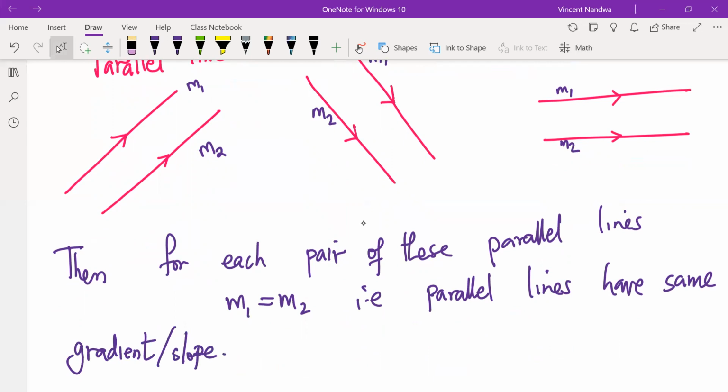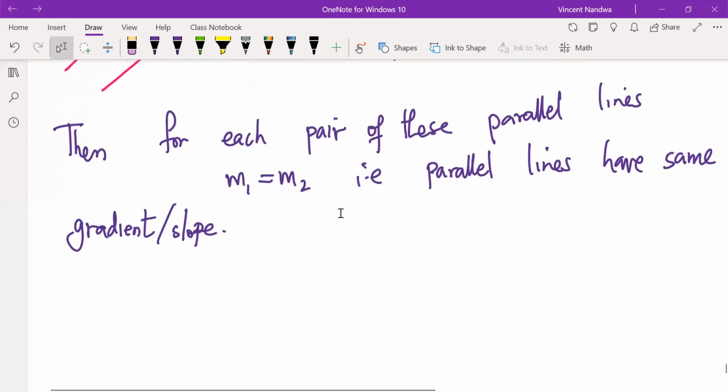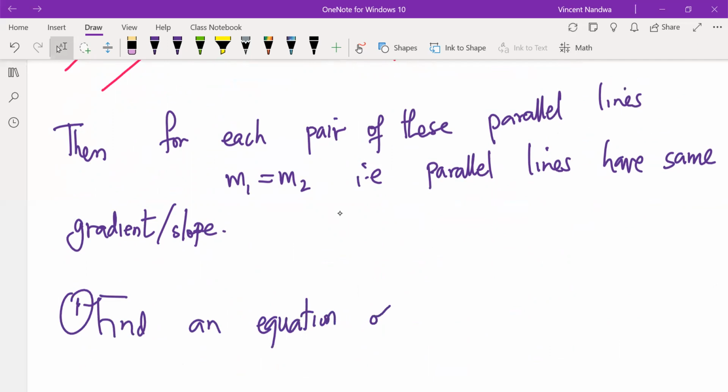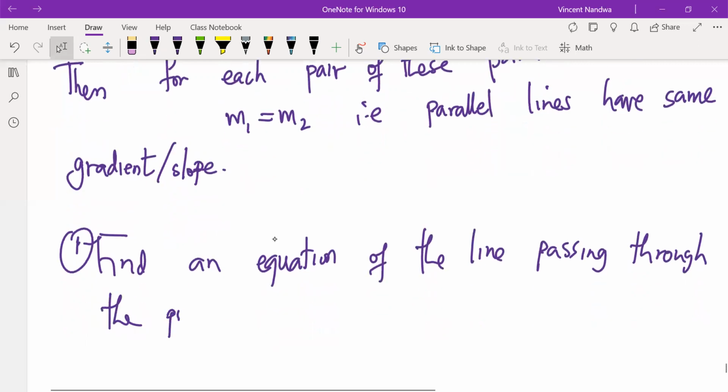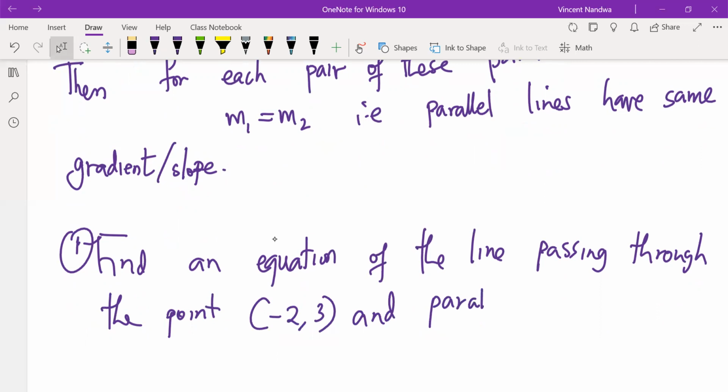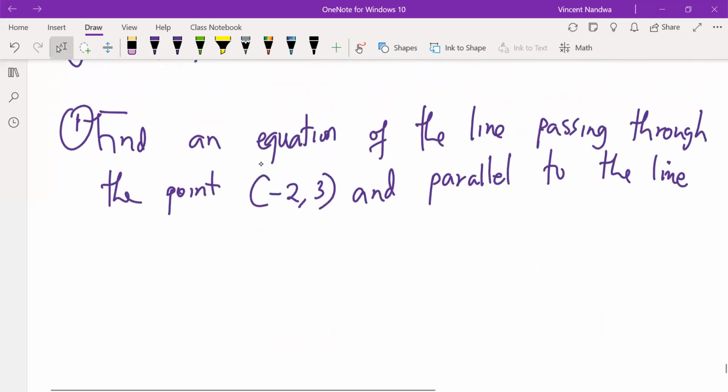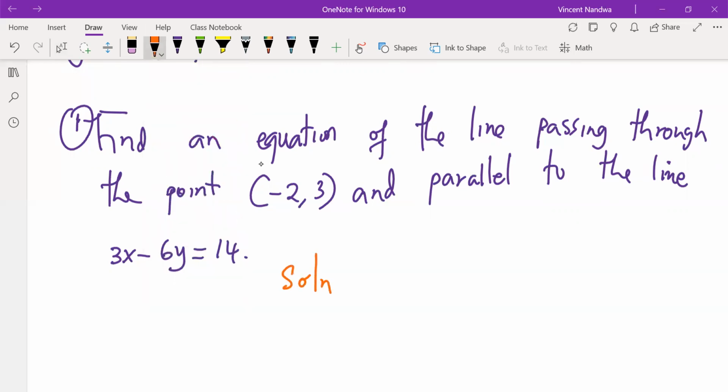So that leads us to an example. Example 1: find an equation of the line passing through the point (-2, 3) and parallel to the line 3x minus 6y equals 14. Solution.